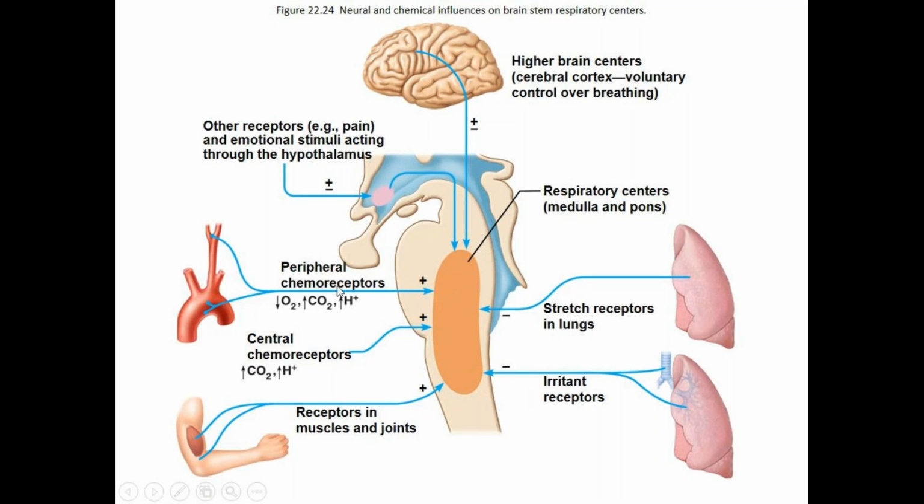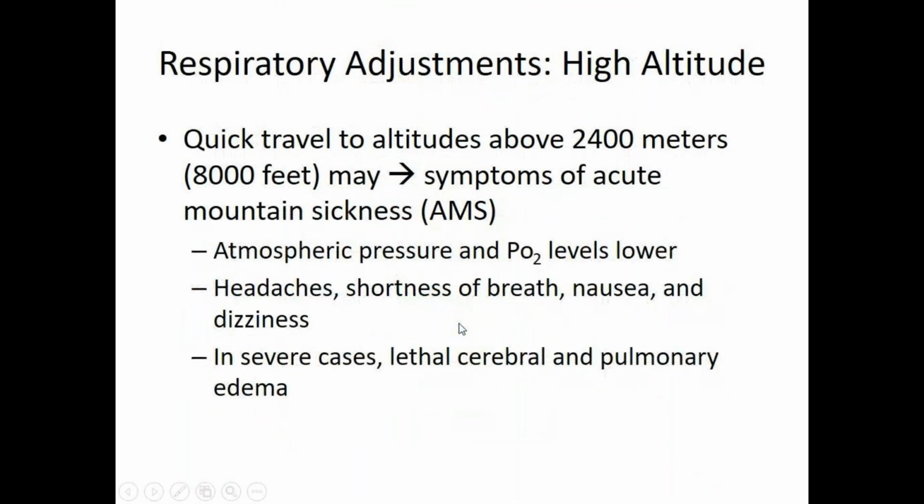In this particular case, declining O2, but primarily a drop in pH, stimulating you to breathe in more. Or things like your higher brain centers here, where you override some of this basic eupnea, to hold your breath, or to breathe in, or to breathe out, or to yell, or to speak, or to do whatever you're going to be doing. Lots of different little places with lots of different little inputs, but all coming to the same place.